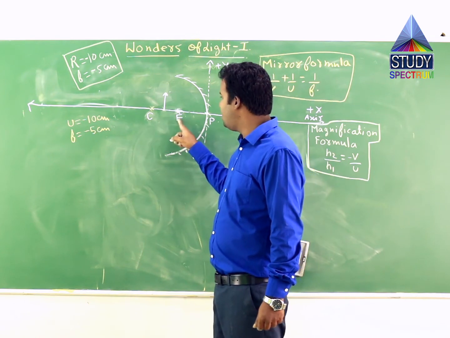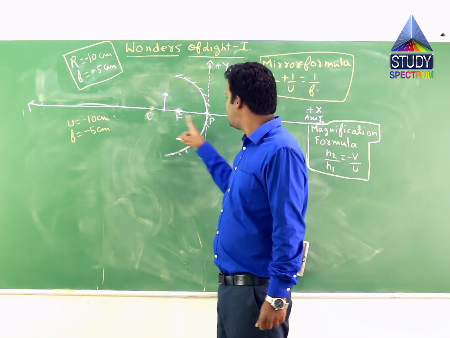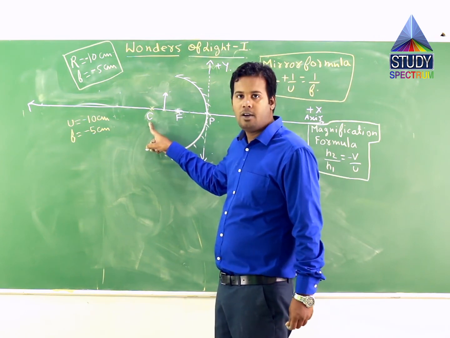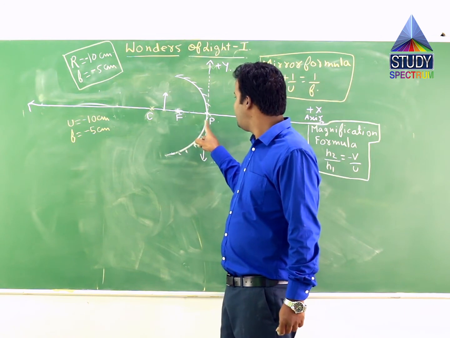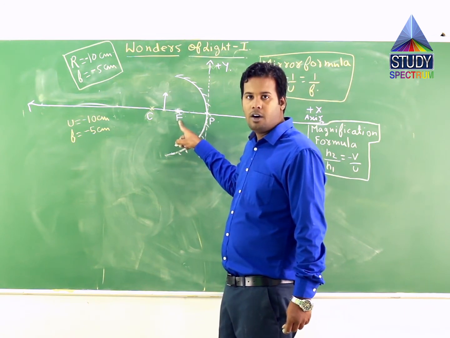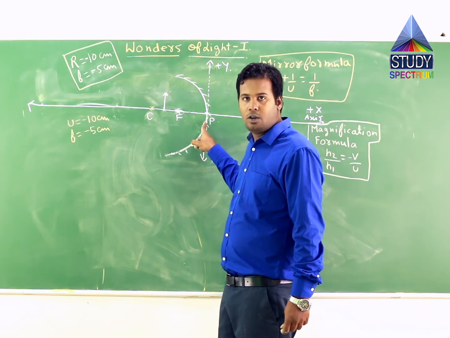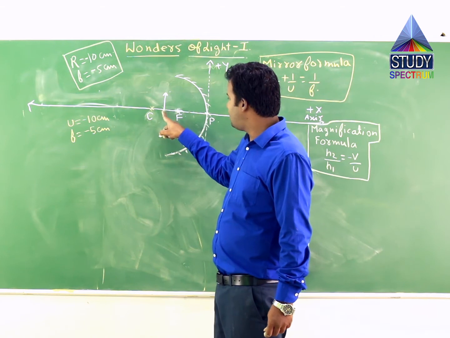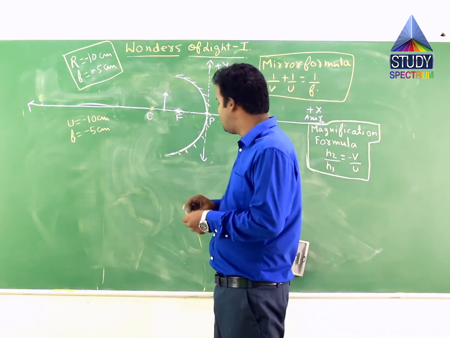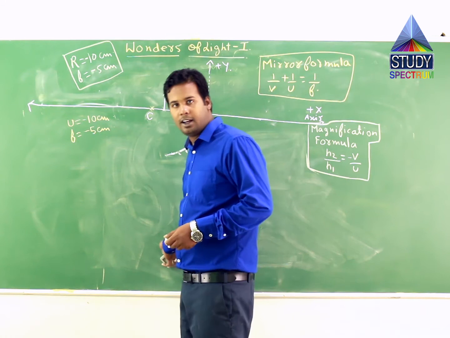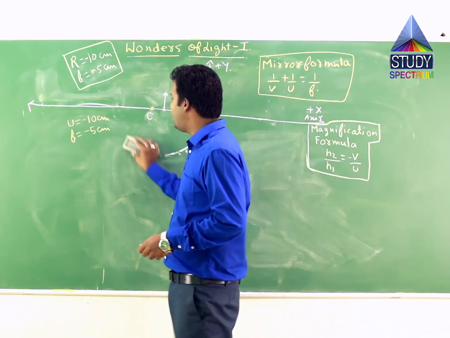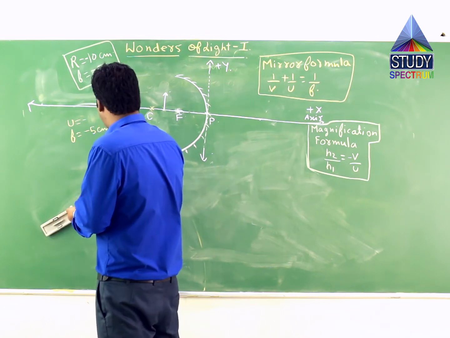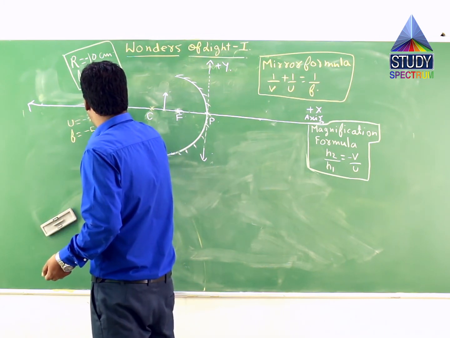The object is placed between C and F. This distance of C from P is 10 centimeter in magnitude, minus 10 because it is lying on X axis, and focus point is 5 centimeter away from this point pole in magnitude, but minus 5 is this point because it is lying on negative X axis. So this point which is between C and F, I will assume for theoretical questions, I am repeating it again and again, to be between minus 10 and minus 5, say for example minus 7.5 centimeter.